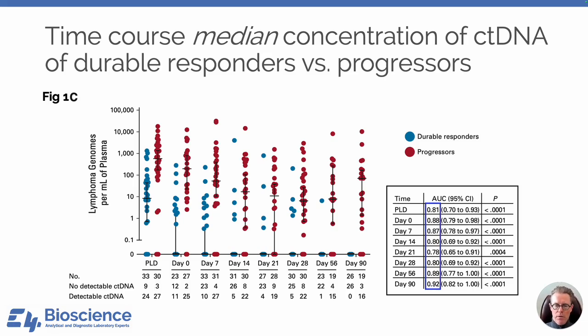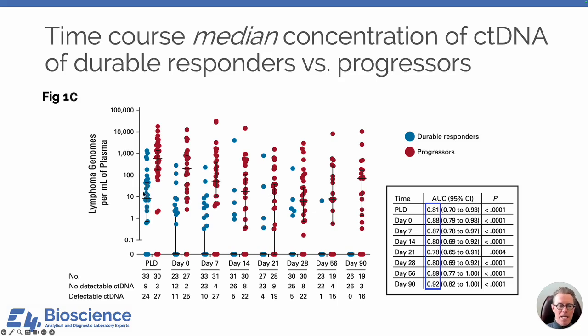What we can do is some math and calculate an area under the curve, which basically compares any cohort of blue dots in one vertical line to its corresponding cohort in the red line, red dots on the other side. And excuse me for not pointing out that blue are your durable responders and red are your progressors.